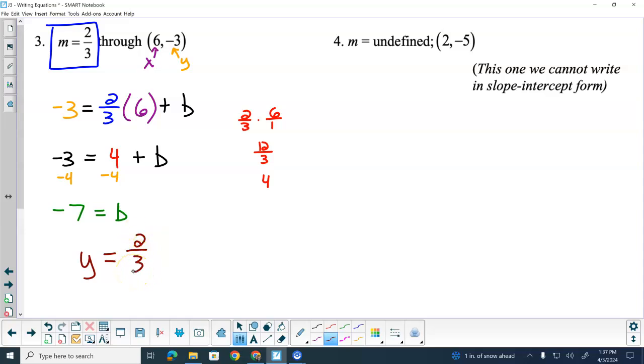Then? Nope. Oh, end answer. So now we're going back to y, back to x. So what should come here? 6x. Oh my. And then? Yeah, -7. There we go. Whew.